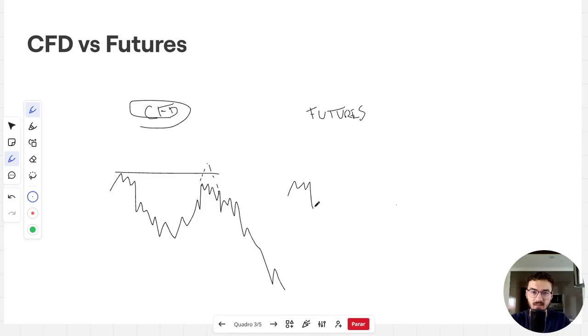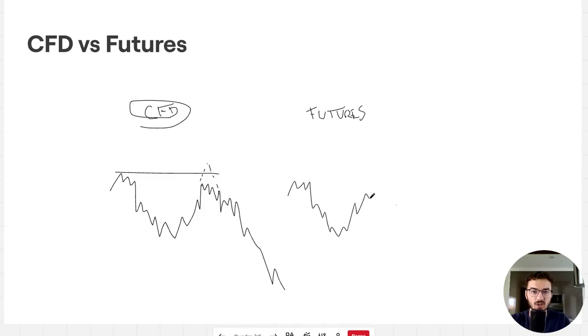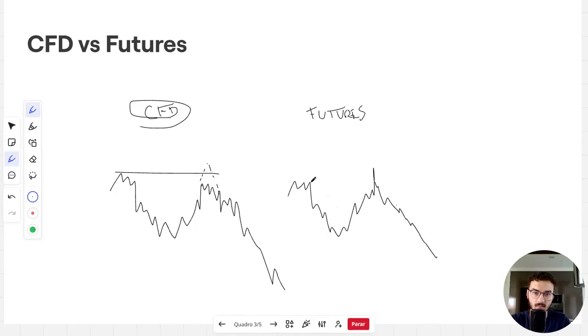The thing is that, let's draw the same thing. On futures, you might have gotten this, a sweep of that liquidity. So if you were to see this on the markets right here where you trade, you were to take your position here and you would have gotten a win. So it's two different scenarios.